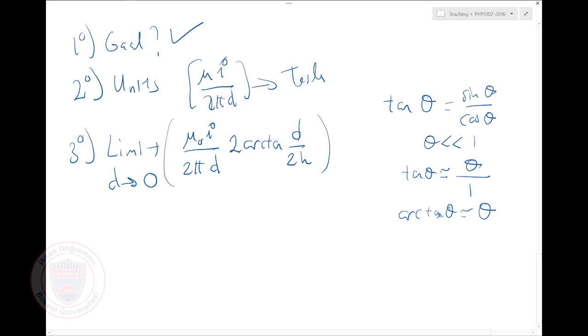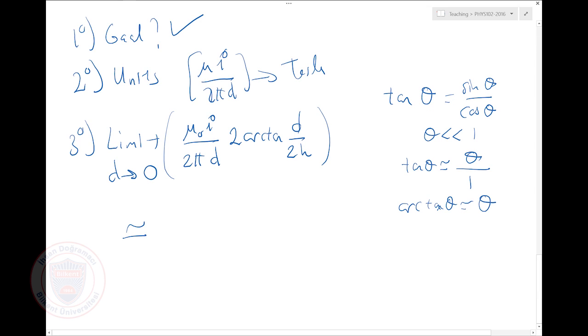Now, if d is going to almost 0, this whole expression is mu 0 I over 2 pi d times, instead of arctangent d over 2h, I'll just write d over 2h. If d is going to 0, that expression should be valid. It's for small d. So now these cancel, 2's cancel.